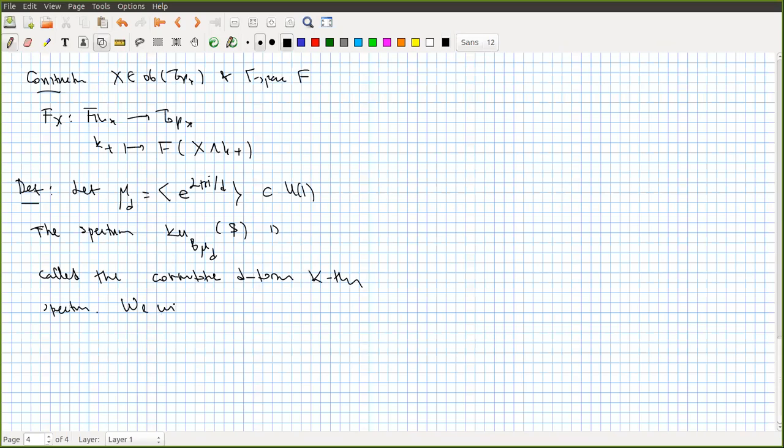So we will write K mu d for this spectrum, and also for the corresponding generalized cohomology theory.